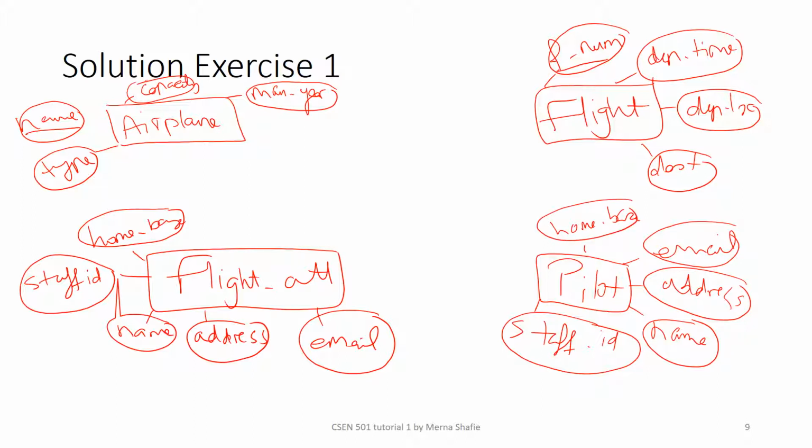What is the primary key in this case? We have two options: either the staff ID, or the email. Both of them are unique, both uniquely identify any person. Everyone has a unique ID and everyone has a unique email, no email is repeated. So what do we choose? We always choose numbers over characters.